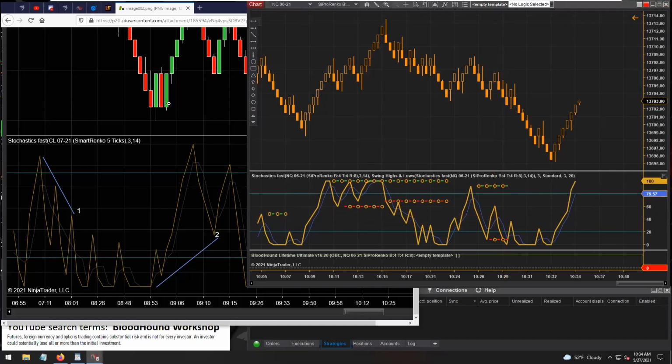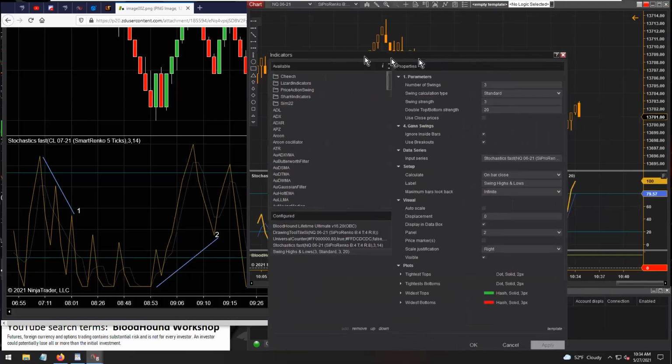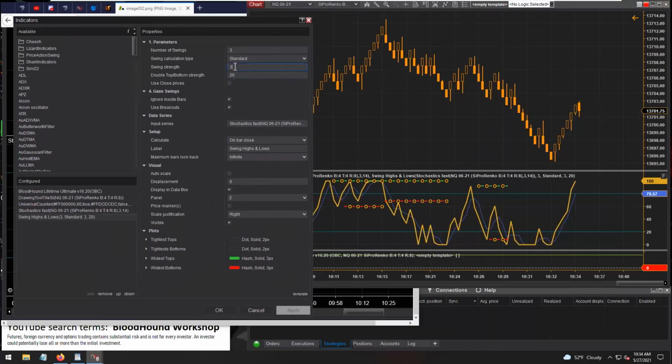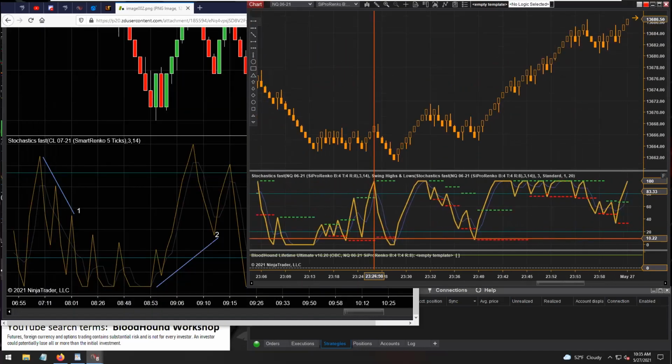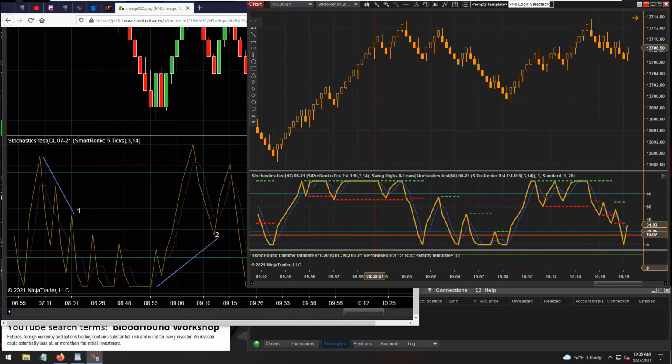Let's see if we can fix that. I'm going to knock the swing strength down one more number, down to 2. We're still missing the one in the middle there. Let's go all the way down to 1. All right, we'll just work with what we got here.